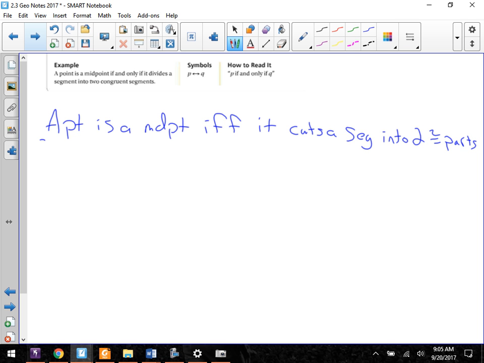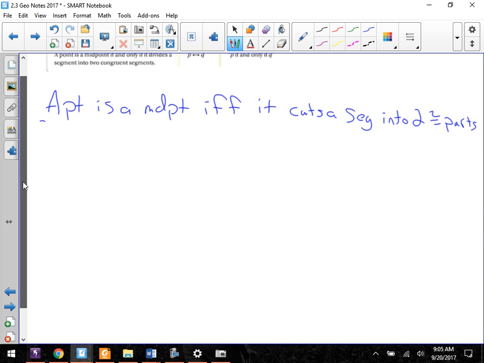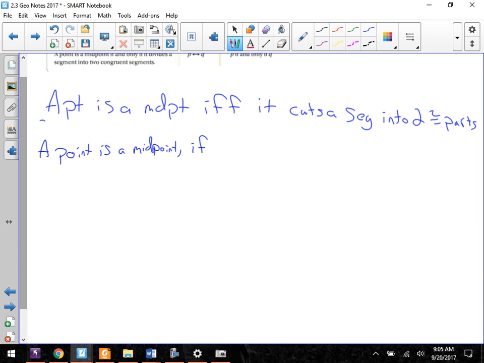Well, I mean, you can write it out. What I was trying to do was save a little bit of space. So, a point is a midpoint if and only if it cuts a segment into two congruent parts.